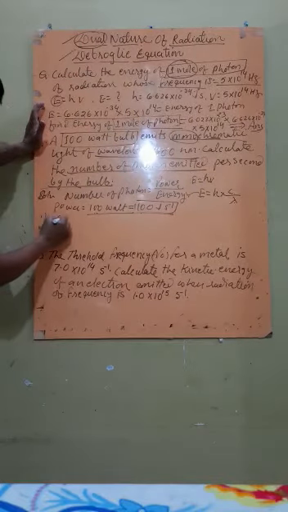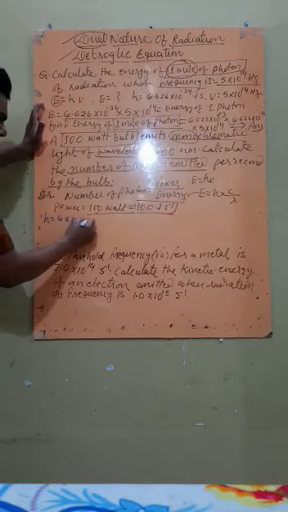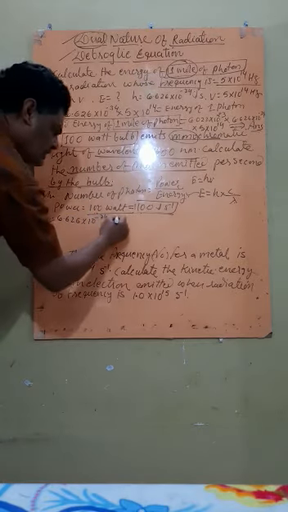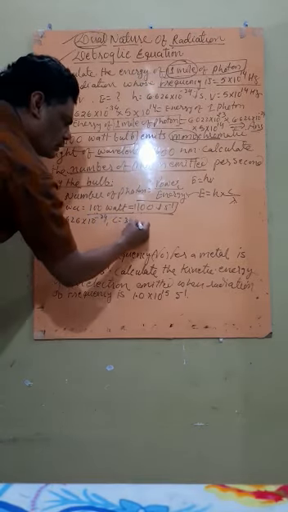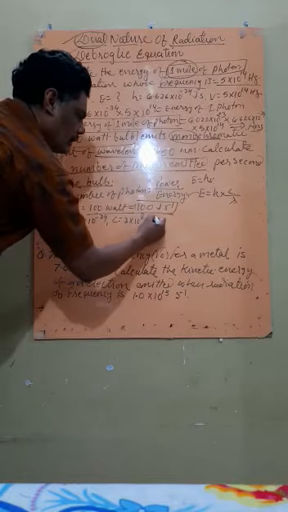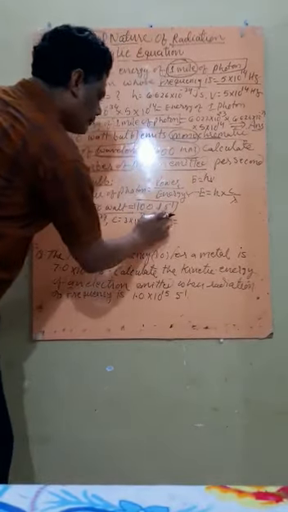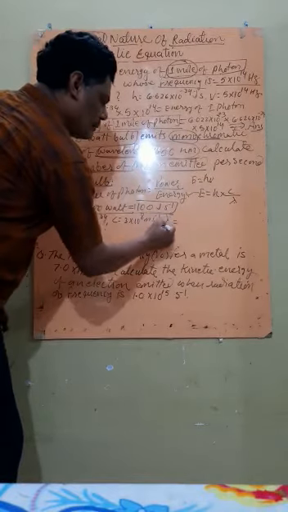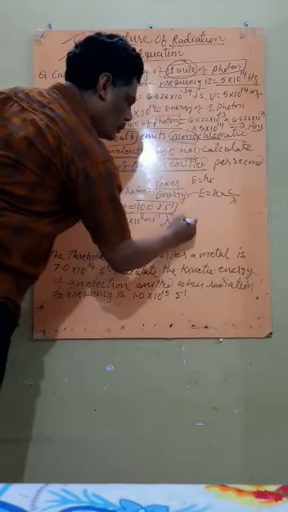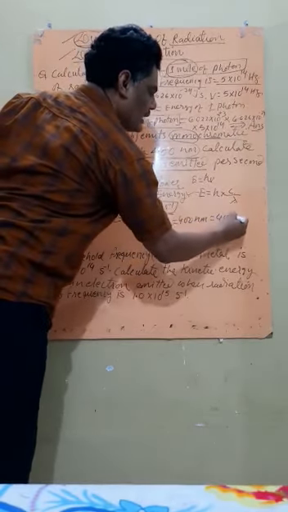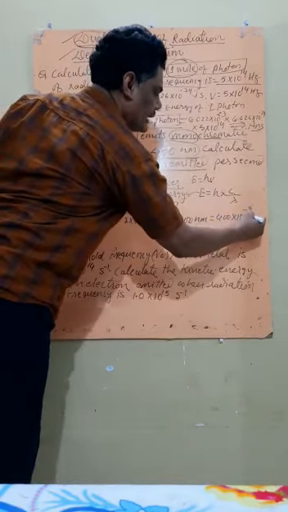Planck's constant, 6.626 into 10 to the power minus 34. What is c? c is always constant, 3 into 10 to the power 8 meter per second. Is lambda given in the question? Yes, wavelength is given: 400 nanometer, equal to 400 into 10 to the power minus 9 meter.